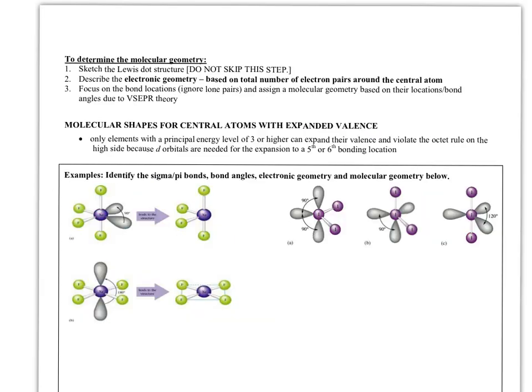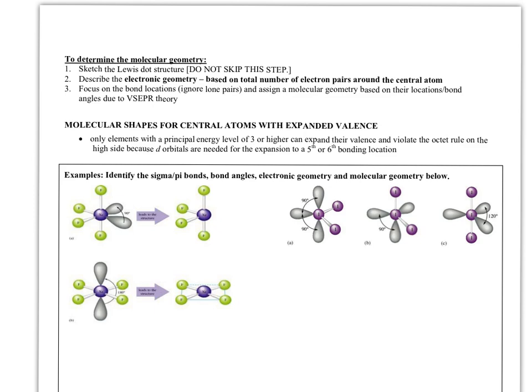Okay, so to determine the molecular geometry, the first thing you really want to do is sketch the Lewis dot structure. You don't want to skip that. It's really important that you draw it because it depends on whether or not there are lone pairs on the center. If you skip that and don't draw a correct Lewis dot structure, there may be lone pairs on the center or there may be none, and it could affect whatever you're predicting for the molecular geometry.